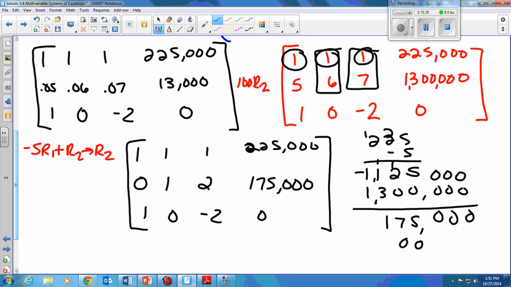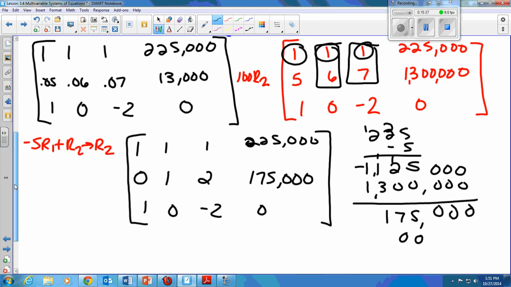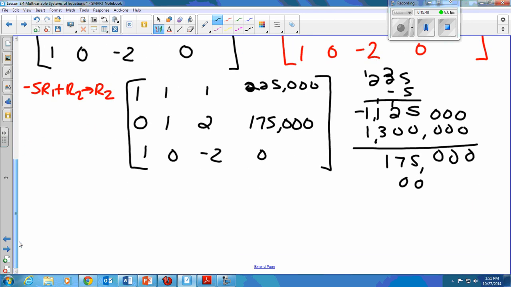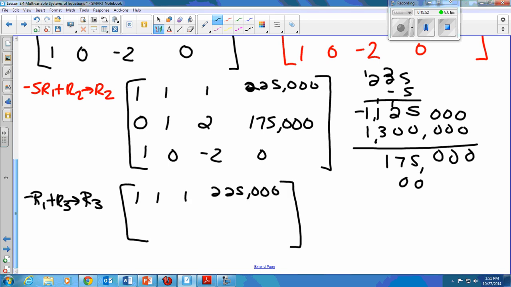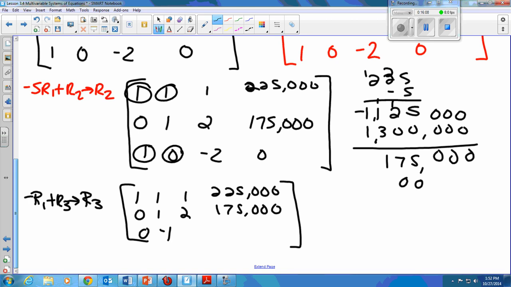Who do we have to get rid of on row 3? So what are we going to do? There we go. So negative row 1 plus row 3. So negative 1 plus 1 is 0. Negative 1 plus 0, negative 1. Negative 1 minus 2, negative 3.